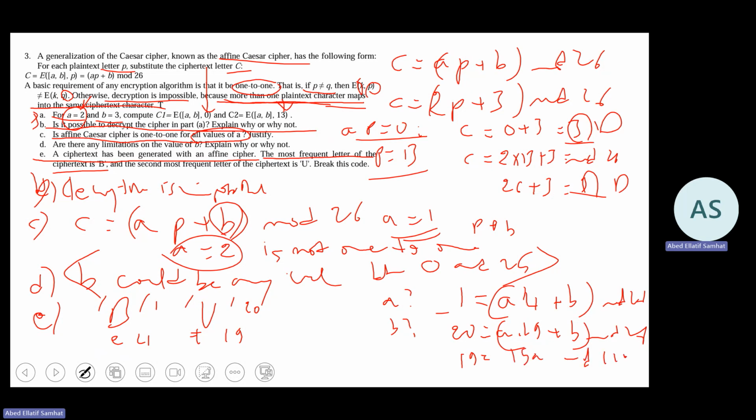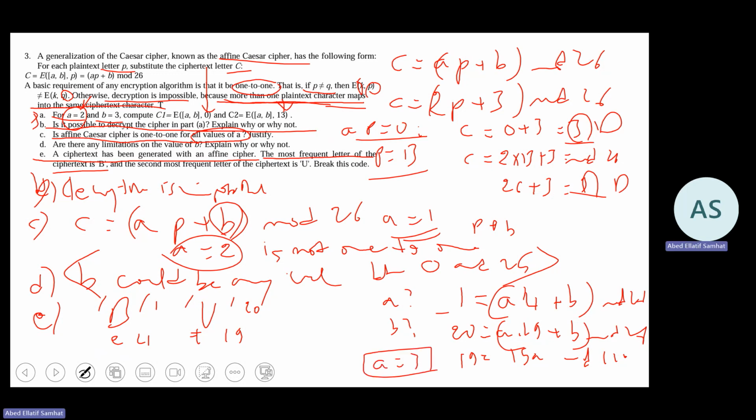Here we have to find what's the value of A that satisfies this. We start with A equal 1, it's not possible; A equal 3, 45 mod 26 works. So A equal 3.